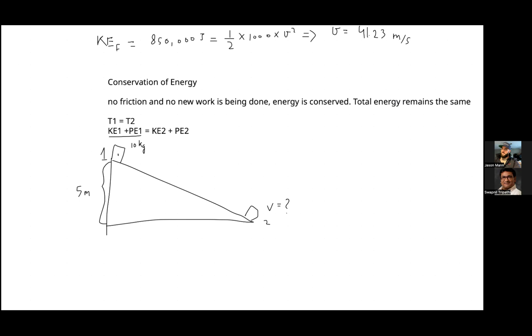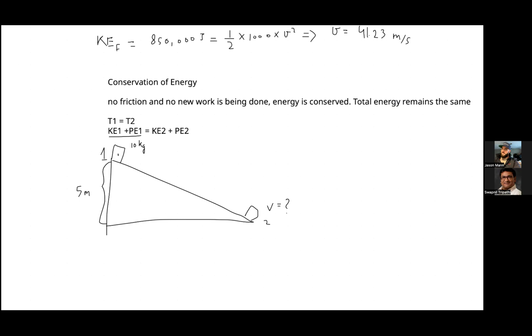So what is the kinetic energy at 1? There is no kinetic energy at 1 because it is starting from rest. Okay. So 0. What is the potential energy?